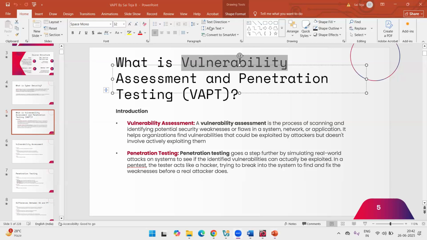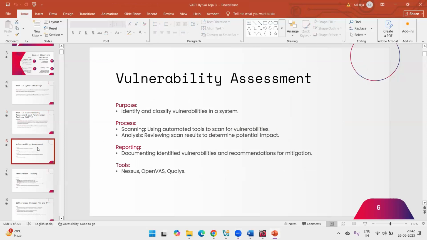Understand, guys? So what is vulnerability assessment? Let's say you have all your infrastructure, the organization's infrastructure. When you say organization, of course, they have a lot of things, right? Servers, applications, cloud, maybe some hardware devices.